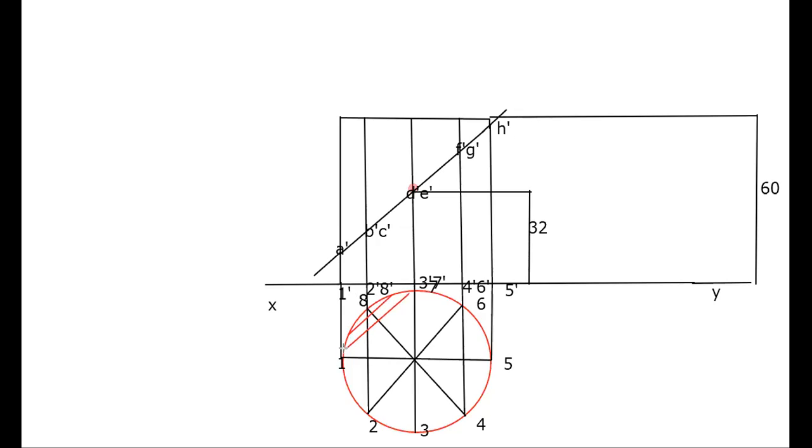Angle is 45 degree, maximum distance is 2 mm, minimum 1.5 mm. This is the sectional top view.